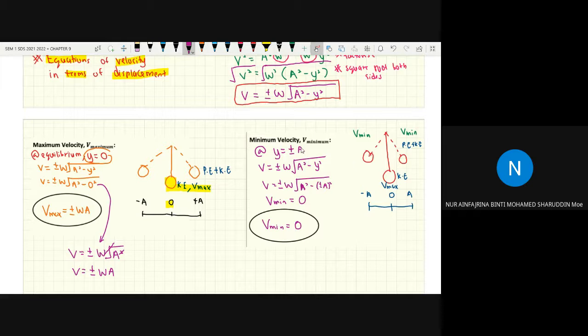So we can say this amplitude is actually the maximum height. That's why V is minimum. Okay, can? Alright.